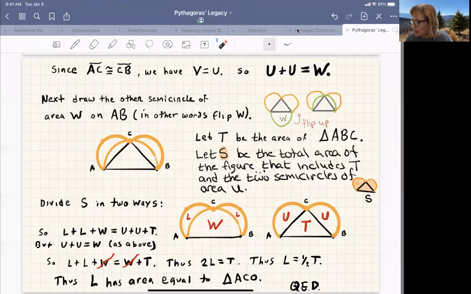So instead of looking at a semicircle under the hypotenuse, we're going to look at the semicircle above the hypotenuse. And so now our picture looks like this. And the lune that we're interested in is this region right here.